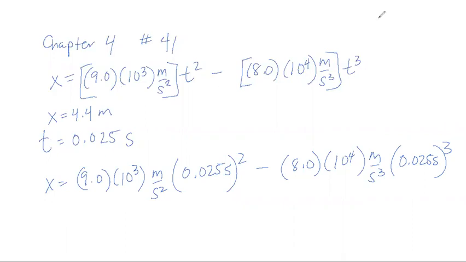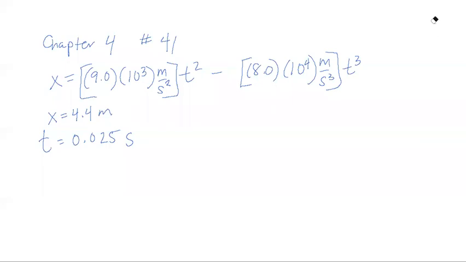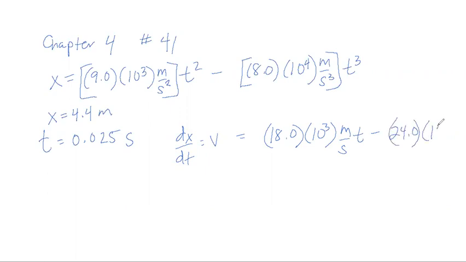That's part A. Let me clear the board. Part B asks what will be the speed of the objects as they leave the end of the barrel. We have a displacement, so dx/dt is going to give us v, and that's going to be 18.0 times 10 to the third meters per second times t, minus 24.0 times 10 to the fourth meters per second times t squared.